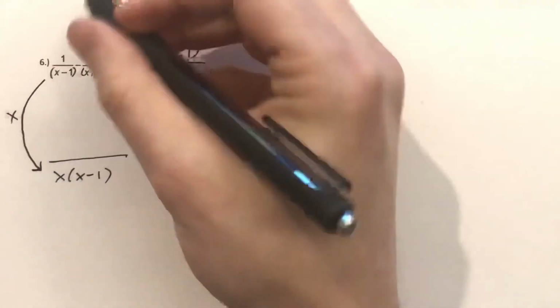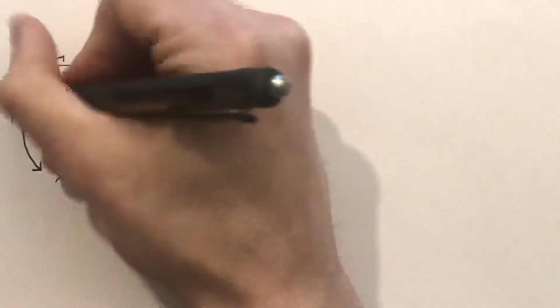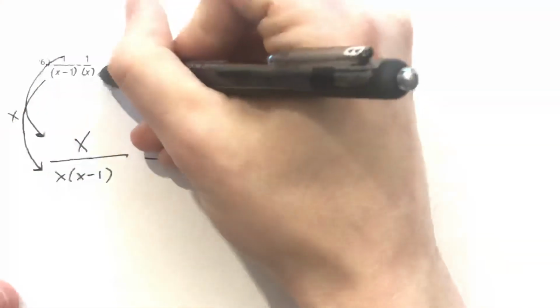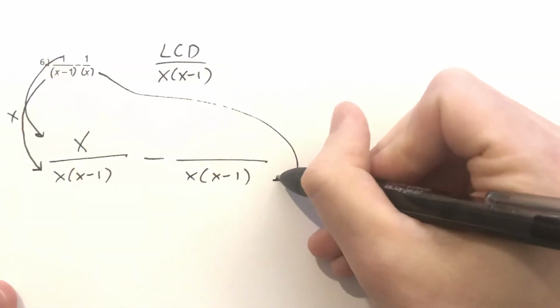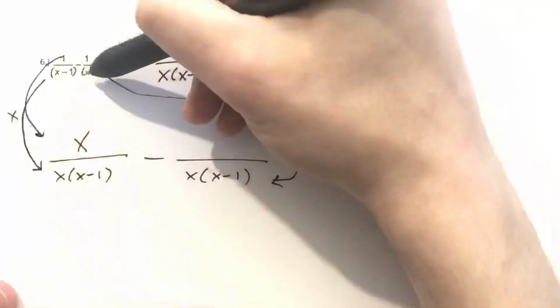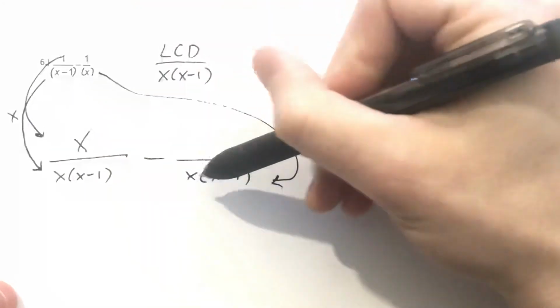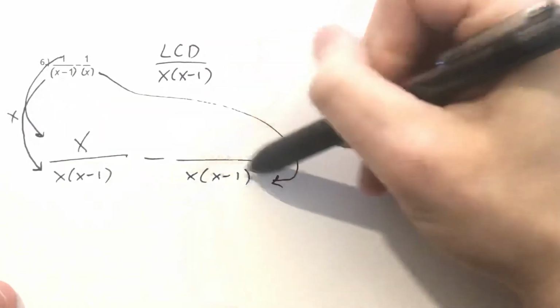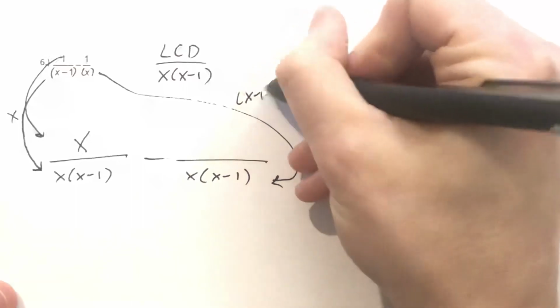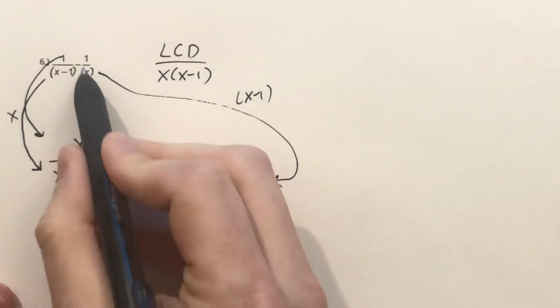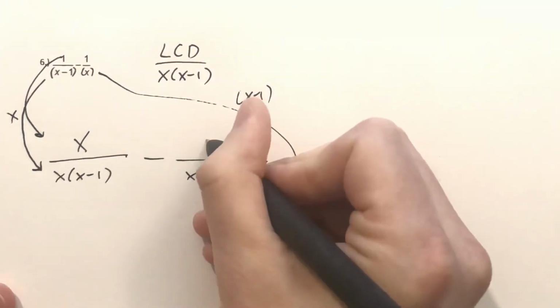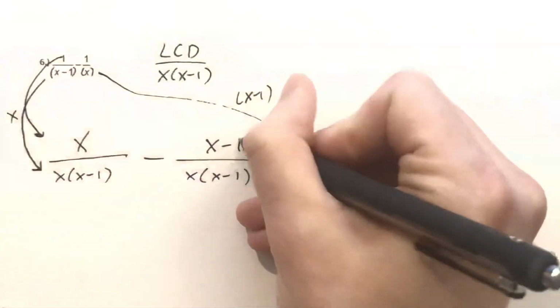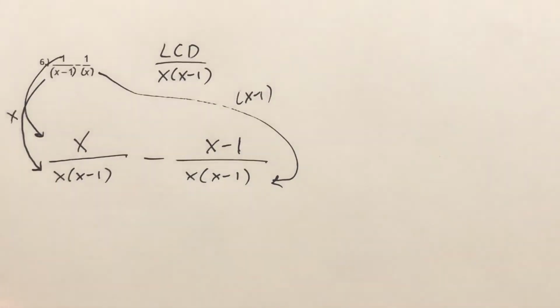That's the factor we just introduced there, so that's the factor we'll multiply up top by. 1 times x is just x. And then same thing here, to get from this denominator to our new denominator, x times what gives me x times x minus 1? Well, there's that additional factor of x minus 1. So 1 times x minus 1, which would just be x minus 1 in this case.